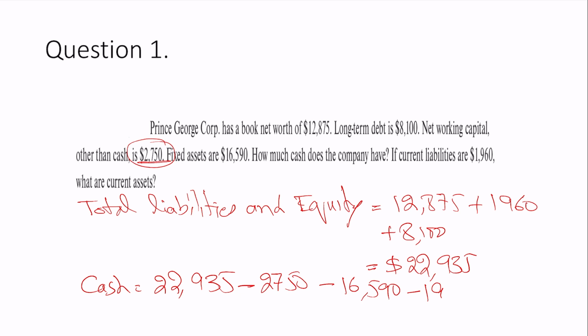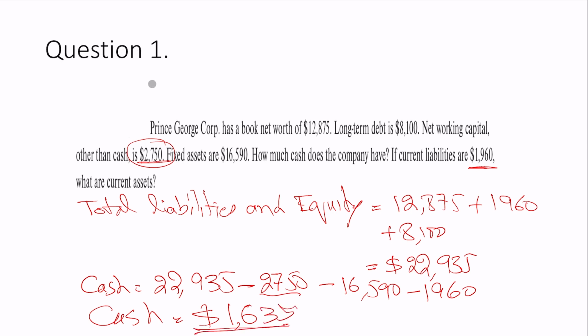Net working capital is current assets minus current liabilities, so that's a difference. We also subtract the current liabilities. So these are the three subtractions, and we get cash is equal to $1,635. That is the value we have for our cash.